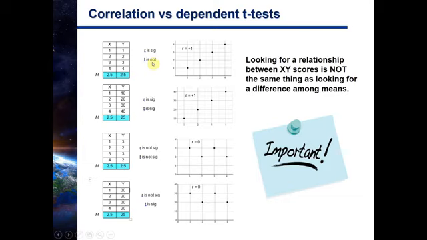Okay. What about if we look at this scenario? So again, let's start by looking at the scores of x and y and plot them. So when x is 1, y is 10. When x is 2, y is 20, etc. All right. And again, we would get a perfect positive relationship. So R is +1, which means we're certainly going to find R is significant.